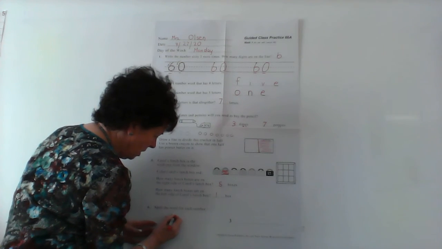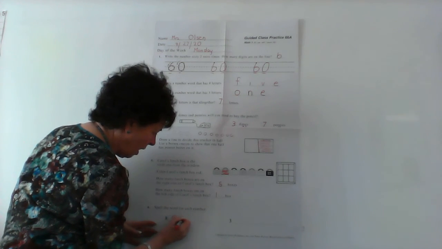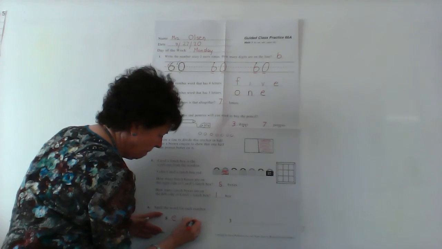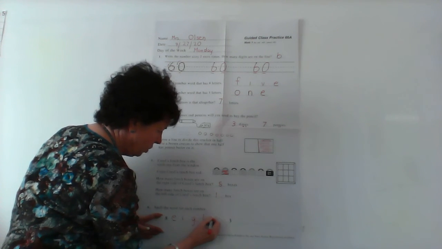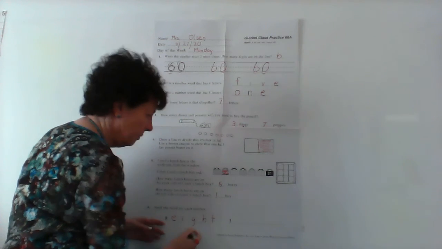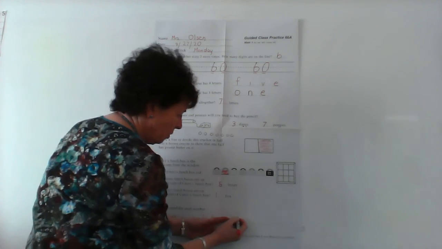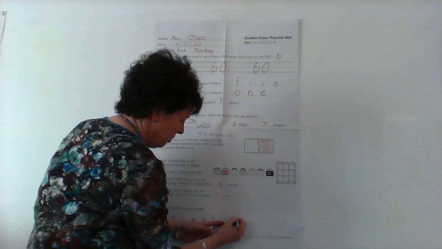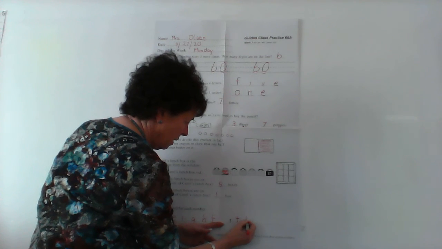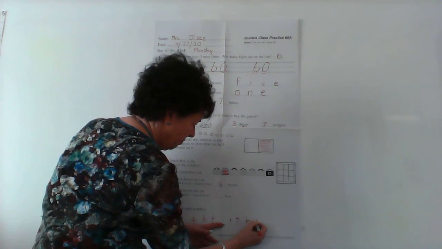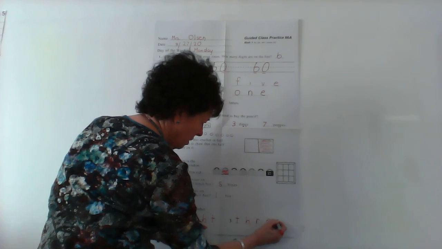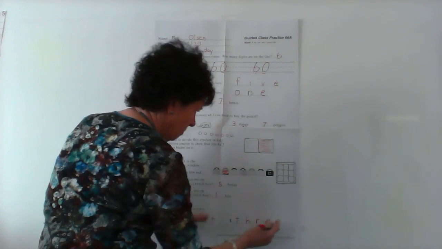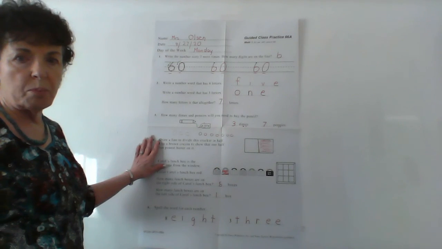That is E, I, G, H, T, 8. The other number is 3, T, H, R, E, E.